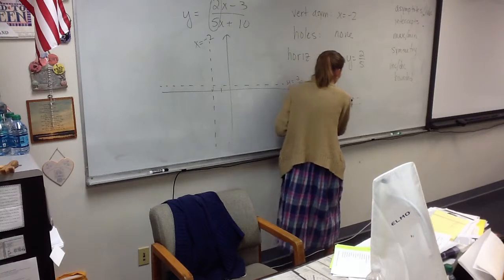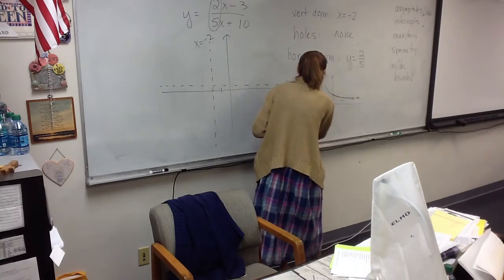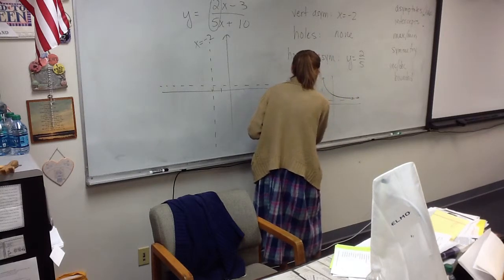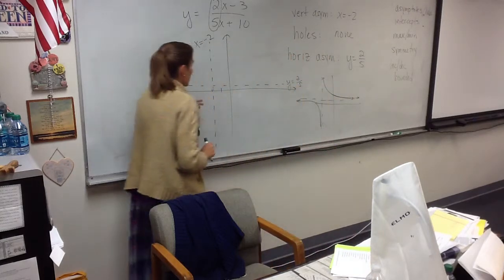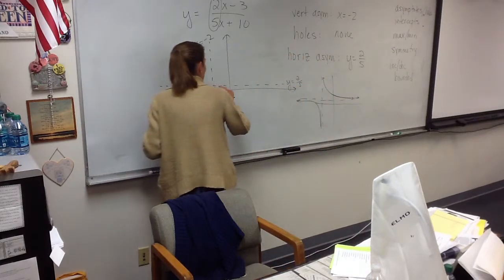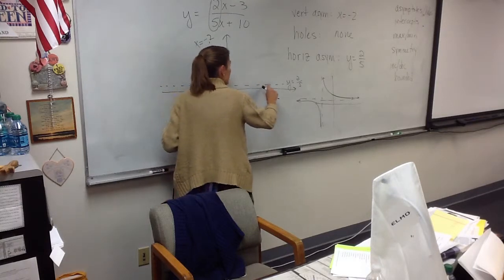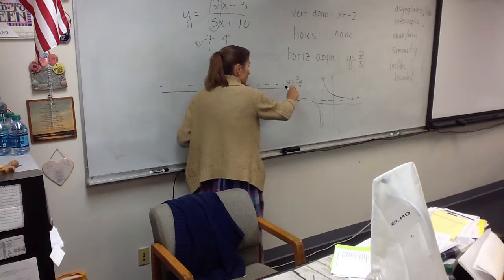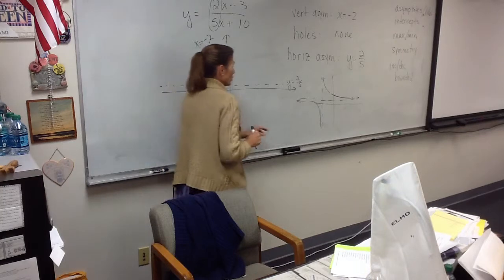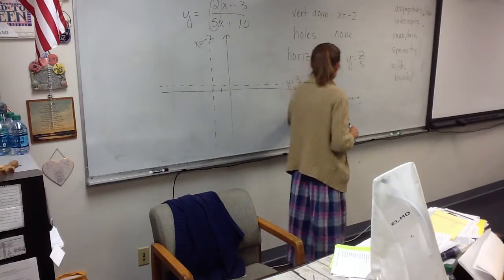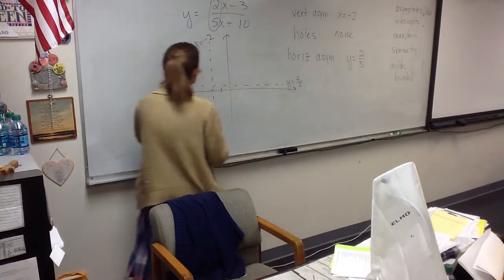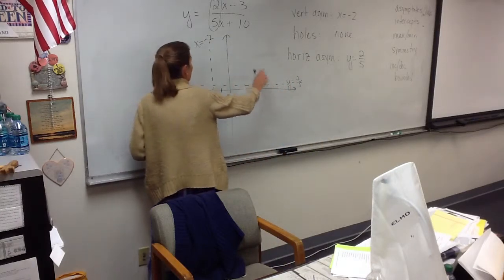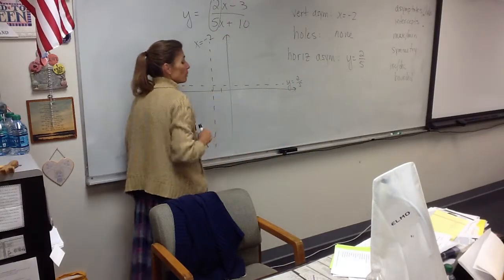The curve is going to approach that asymptote as it heads off the page. That means that as x gets really, really, really big, the function will approach 2/5. Now, what does that mean? As x gets really, really, really big, the value of this function will approach 2/5.